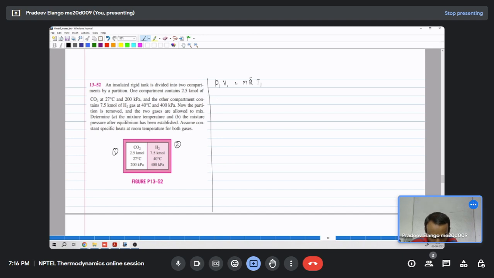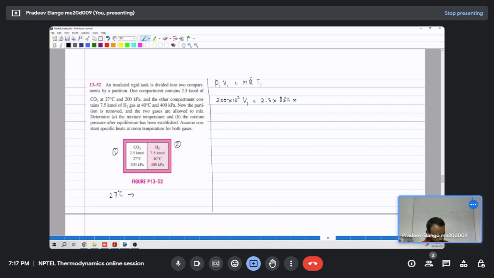P1 is 200 kilopascal, 200 times 10 to the power 3. V1 is equal to the number of moles, 2.5, times R, which is 8.314, to have it in joules, times T1, which is 27 degrees Celsius.